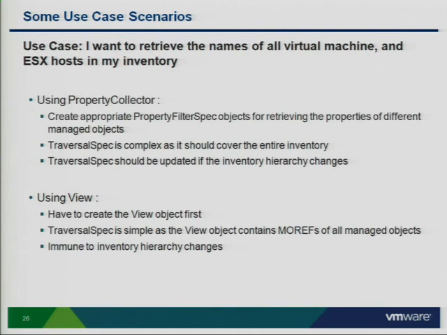One is it's going to keep track of any changes that are going to happen. For example, like that gentleman pointed out, from 3.5 to 4.0, we introduced this new concept of VApps. So we added some more things within the inventory hierarchy. If you were using views, VC would take care of including those objects in that view. You don't have to worry about that extra hop of the traversal spec.